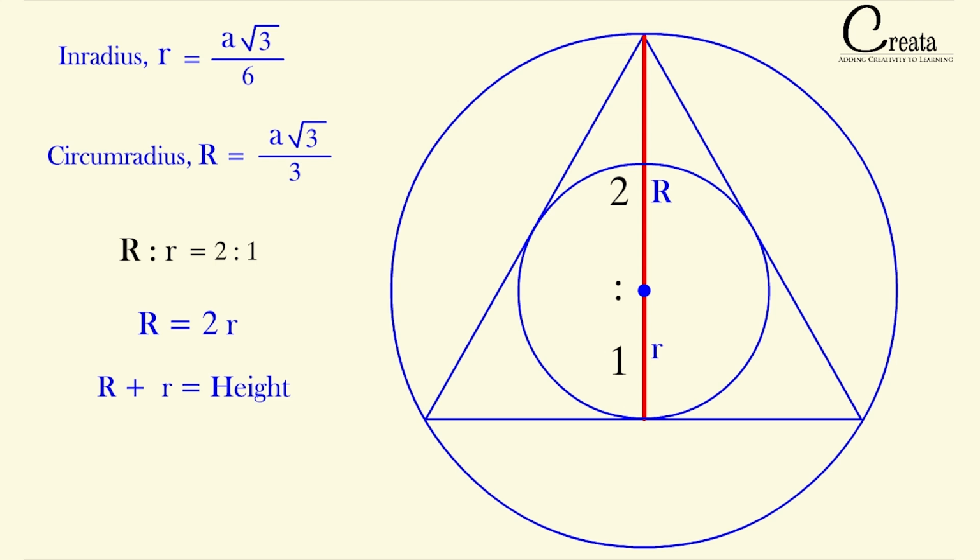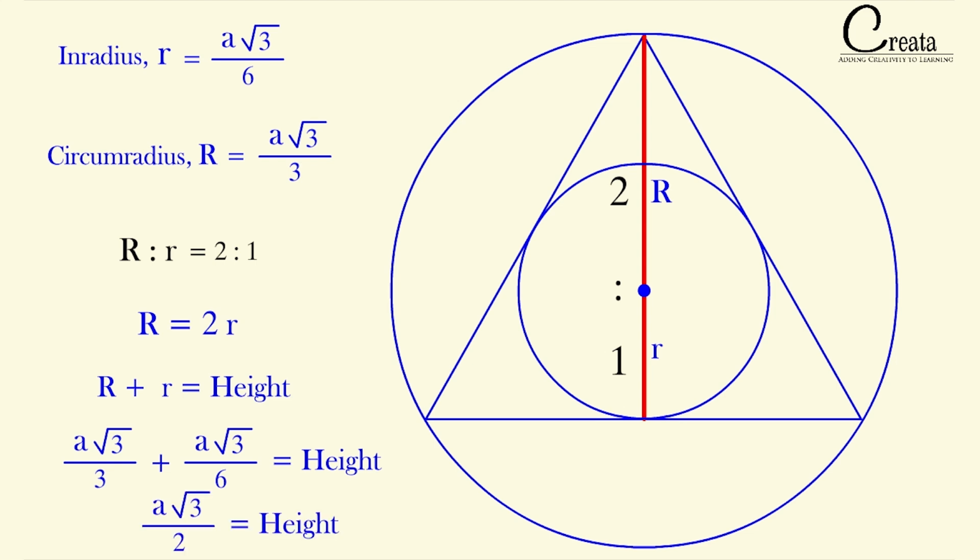Here we are correlating this fundamental with the fundamental of the median and the centroid. If we add the circumradius and the inradius, we get a root 3 upon 3 plus a root 3 upon 6, which will be equal to a root 3 upon 2. That is the height of the triangle. So all these fundamentals are correlating with each other.